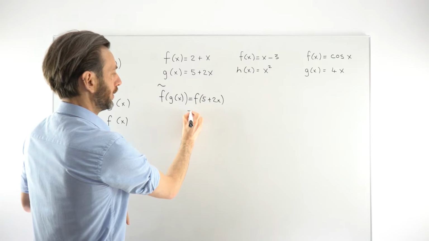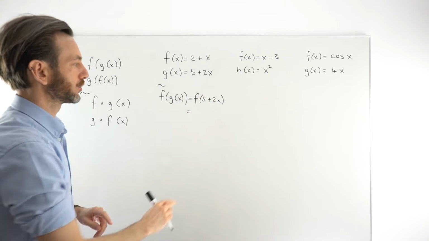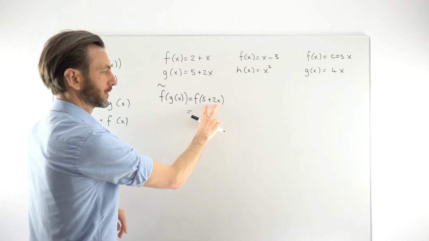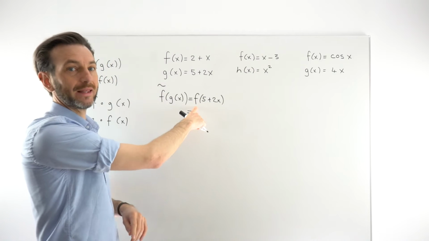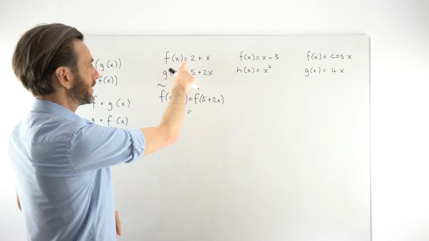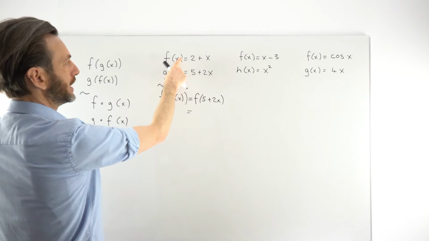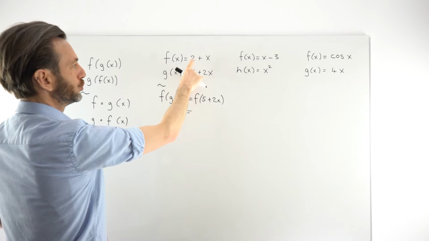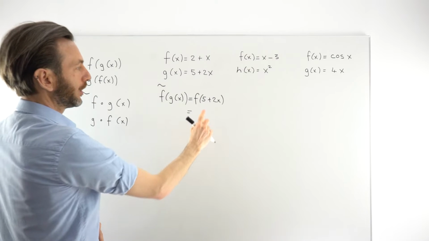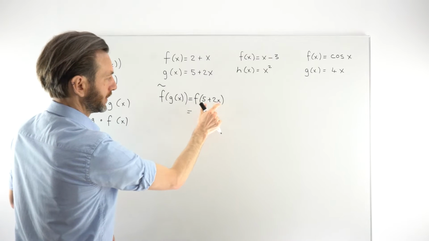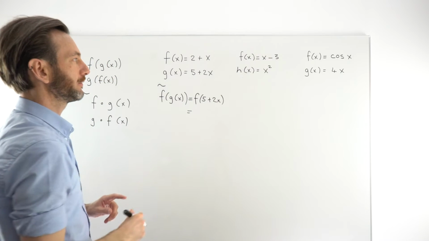Now we need to think a little about what this means. It means you're taking this expression, 5 plus 2x, but you're applying the f function to it. What is the f function? It's a function that says take your input value and do 2 plus that variable. But our variable now is all of this. This is the thing we're putting into the f function.